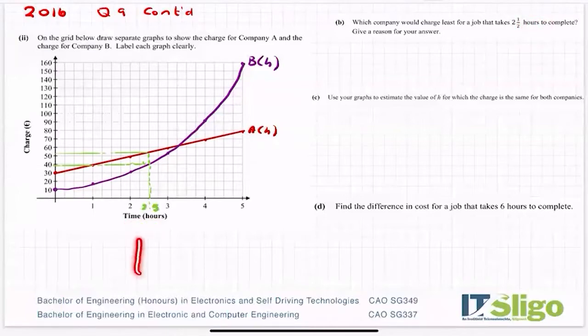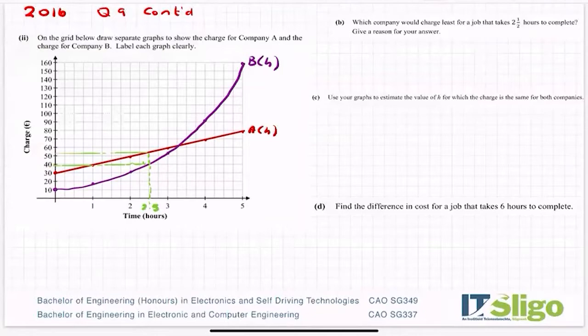So you come into your function from the time or the hours axis when they give you a certain number of hours. And you keep coming until you touch your function. Okay, so I touched the lower one there and I kept going until I also did the top one. And then where it touched the purple one, I came across to my y-axis so I can read off the charge for that. And then I came up to the red one and I come across to my y-axis and I can read off the charge for that.